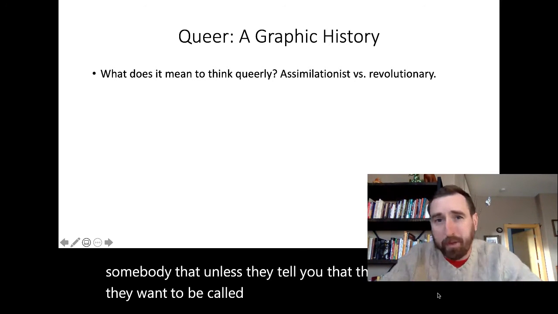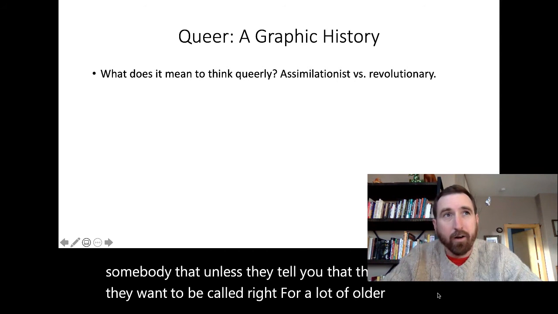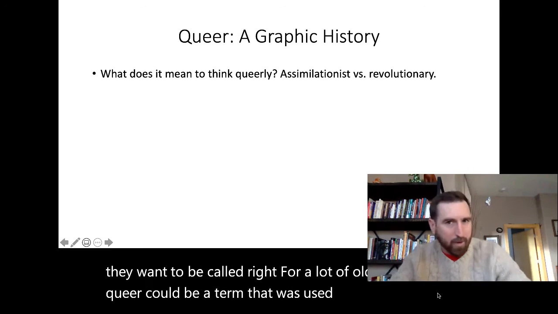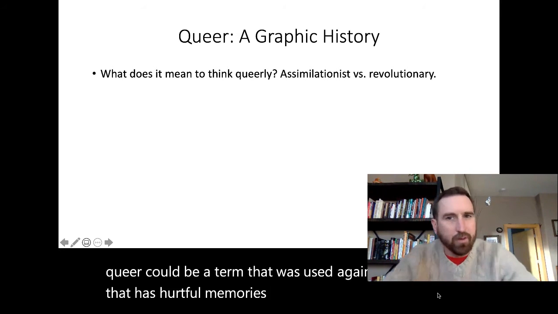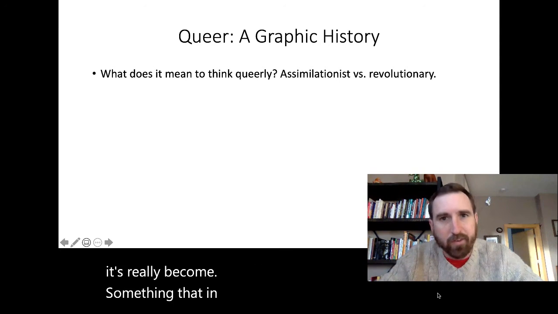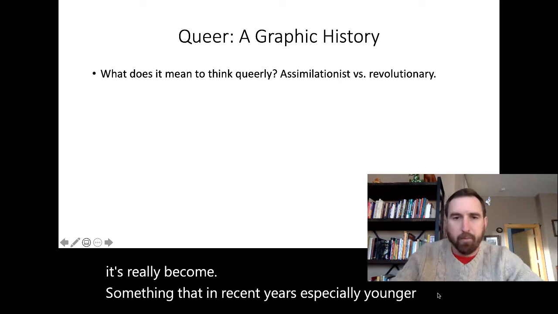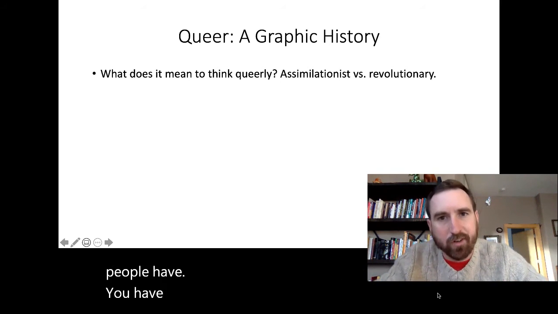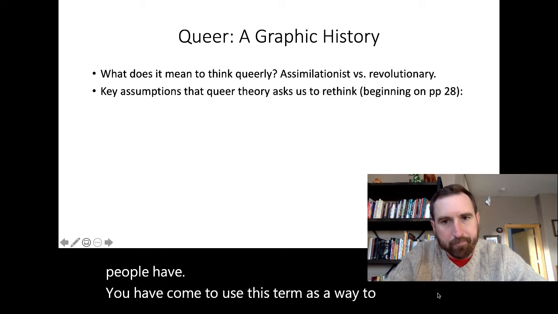For a lot of older people, queer could be a term that was used against them and that has hurtful memories, right? So I think it's really become something that in recent years, especially younger people have come to use this term as a way to self-identify.